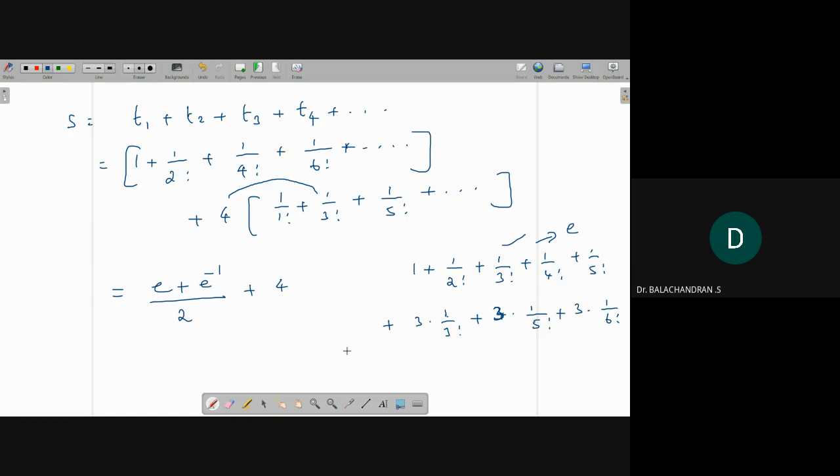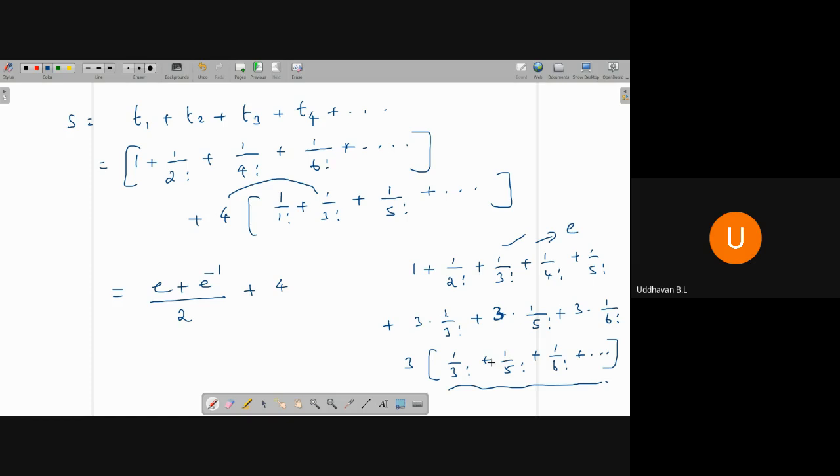We can take 3 as common out and use the same expression, sir. 1 by 3 factorial, 1 by 5 factorial, 1 by 6 factorial. I don't have any formula for this expression. The 1 by 6 factorial comes, sir, because it is in the previous expression. 1 by 3 factorial, 1 by 4 factorial.